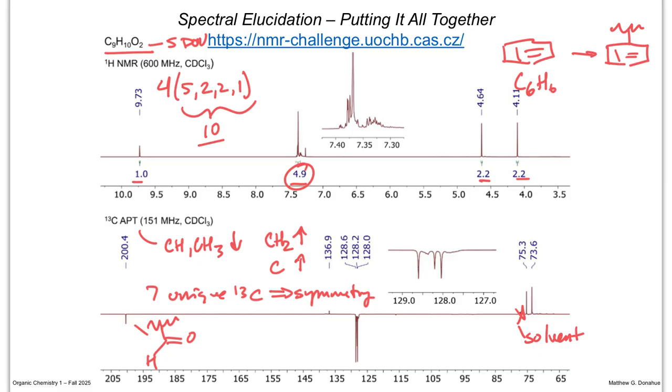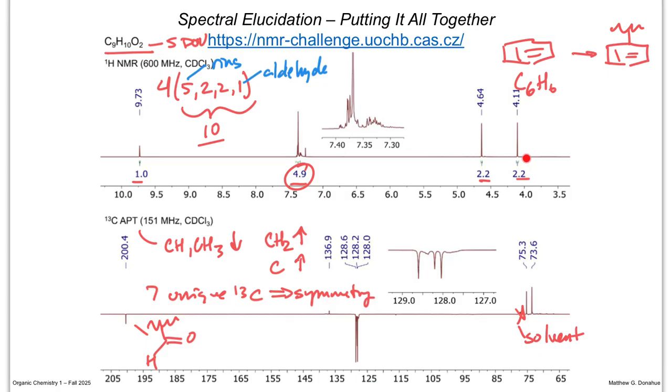So far we've accounted for the 1H, so that H belongs to the aldehyde, these 5 belong to the ring. Then we have 2 and 2, that's what we see here.